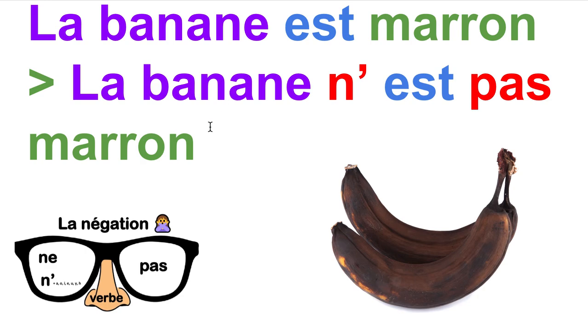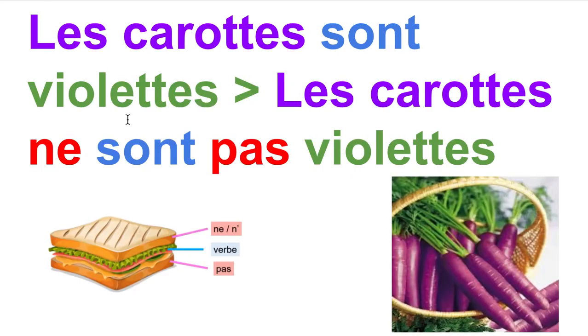If you say the opposite, la banane n'est pas marron, we have again the same system. Les carottes sont violettes. Les carottes ne sont pas violettes. You see that the verb is sandwiched in between the ne and the pas.